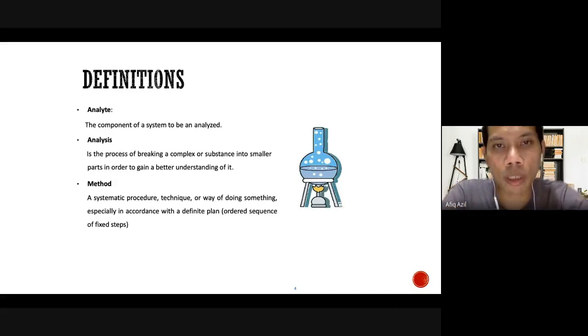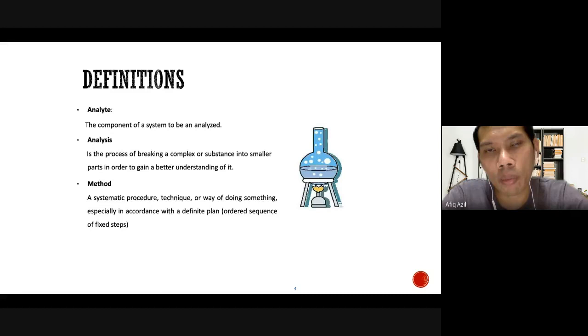So some of the terms that you will encounter throughout the module of pharmaceutical analysis is analyte. Analyte is actually the component of a system or a mixture to be analyzed. Let's say you have a drug formulation. Normally in a drug formulation, it contains more than just the API. Okay, the active pharmaceutical ingredient. You have your excipient, you have your probably coloring agent, maybe some sweetener to make the formulation less bitter or something like that.